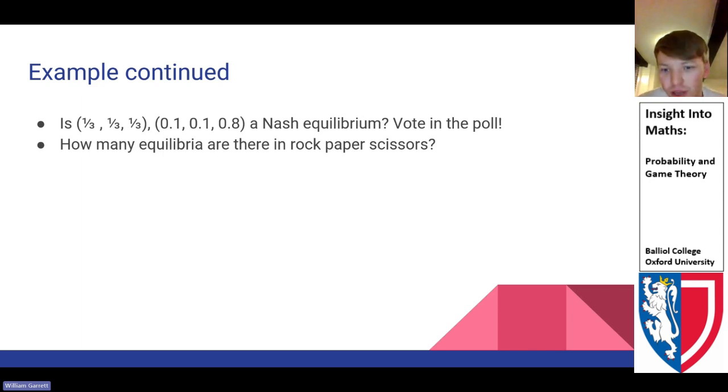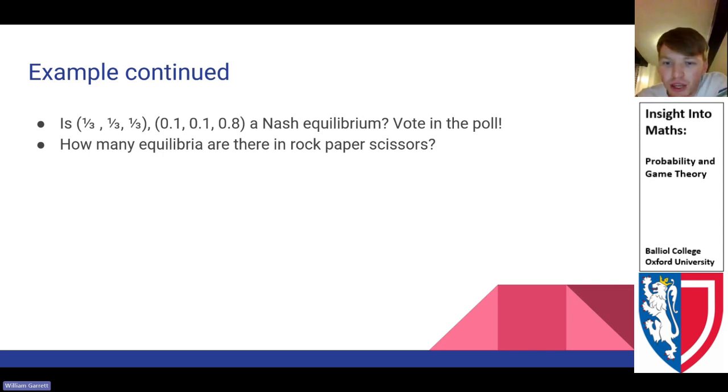Do people see why whatever our opponent does, it makes no difference? Yeah, cool. Okay. So this one is not a Nash equilibrium.